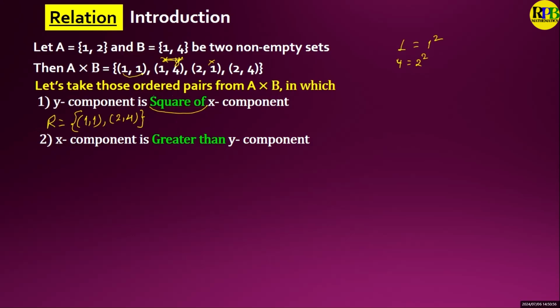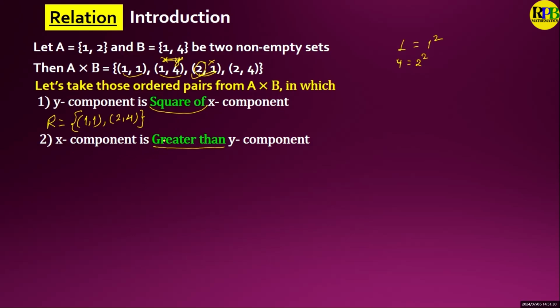In this ordered pair, 1 is not greater than 1. In this ordered pair, 1 is not greater than 4. In this ordered pair, 2 is greater than 1. That means X component is greater than Y component. And among these 4 ordered pairs, only one ordered pair satisfies this relation.